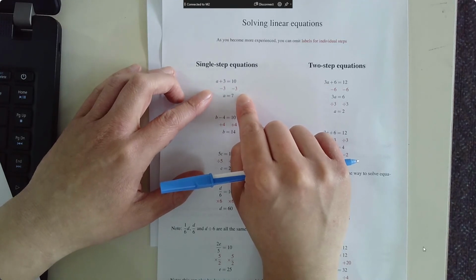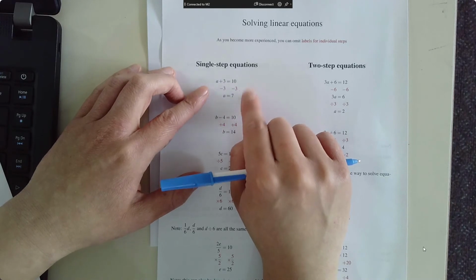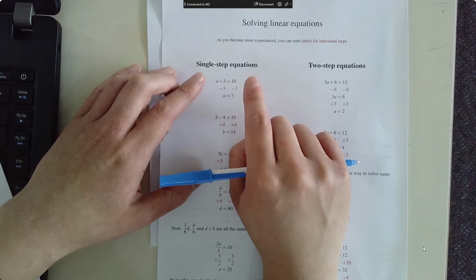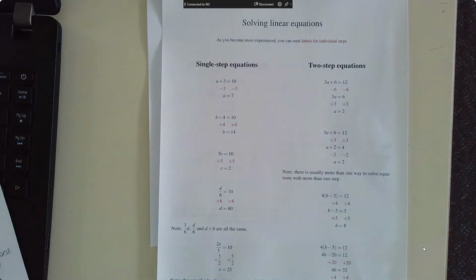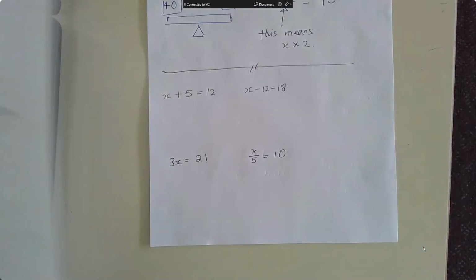I've minus 3 on both sides. Why do you think I've minus 3 on both sides, not just one side? Well, so that they remain equal, you have to do the same thing for both sides. That's right. So this is the key idea I want you to remember.